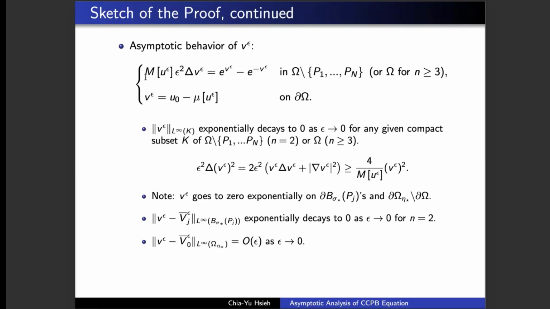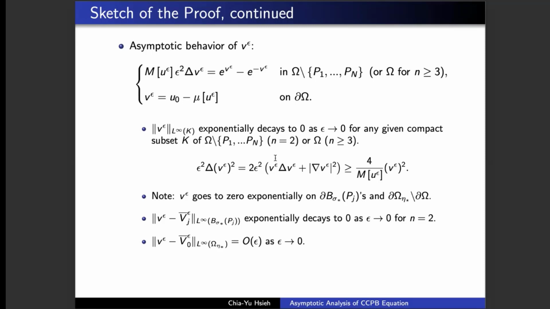In the equation of V, we have some unknown coefficient m here, but if we combine m times epsilon square, then at least we know that it is of order epsilon square. And for the boundary condition, mu is unknown, but u0 minus mu is a bounded boundary condition. So we can apply some comparison principle to conclude that in any compact subset K in the punctured domain for 2D case or the domain omega for high dimensional case, V will exponentially decay to 0 as epsilon tends to 0.